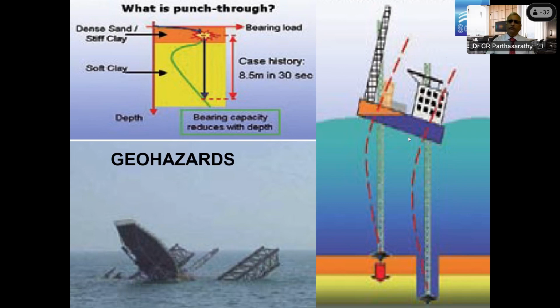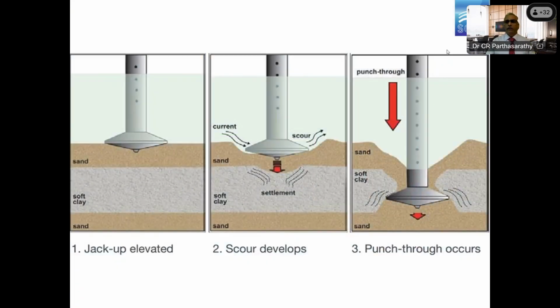So it's important to assess the characteristics of the ground in identifying the crustal layers, the thickness of the crustal layers, the shear strength of the crustal layers, as well as the shear strength of the layer following the crustal layers, in order to have the punch through assessed and also the risk of punch through. So when the jack-up rig is elevated, it will start penetrating.